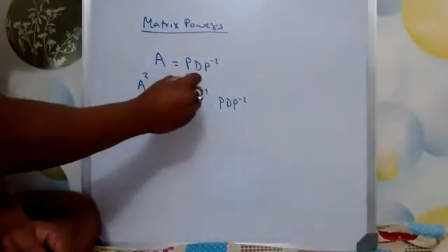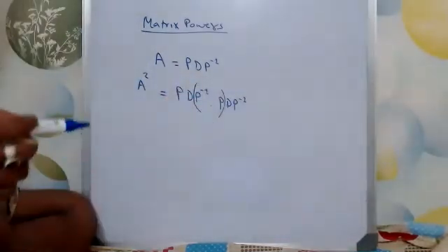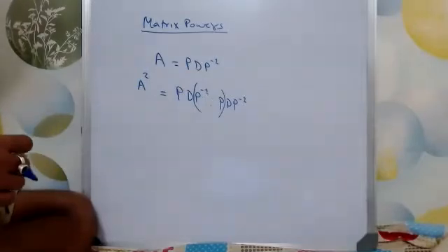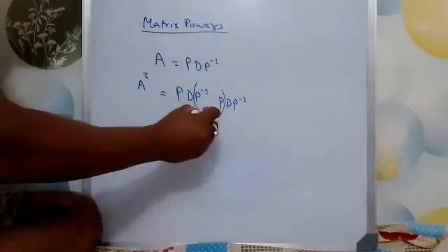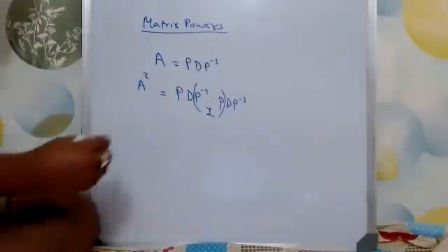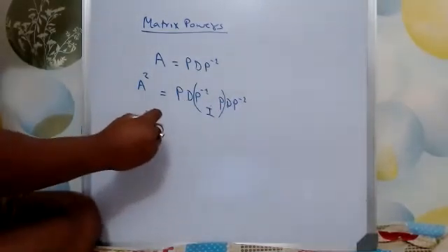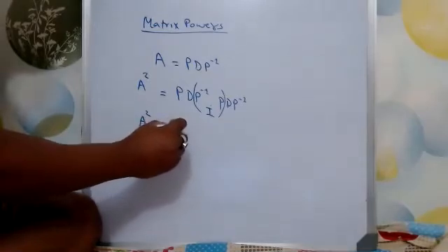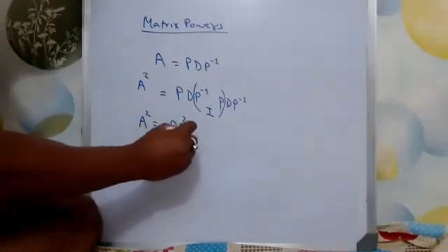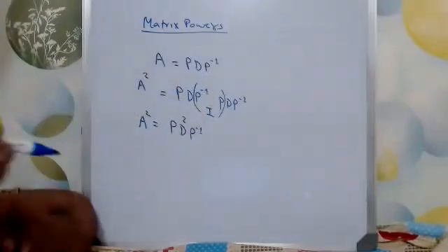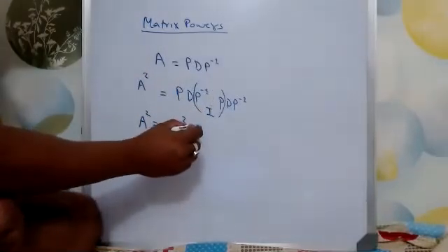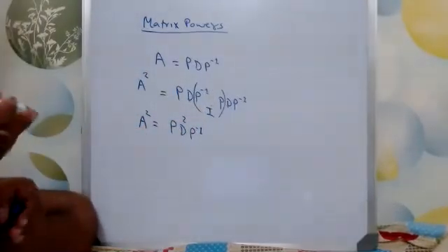What will P inverse and P be? Identity matrix. Good. So A square is equal to P D square P inverse, since D into D becomes D square. I is identity, and we can remove it because anything multiplied with the identity matrix is the same.